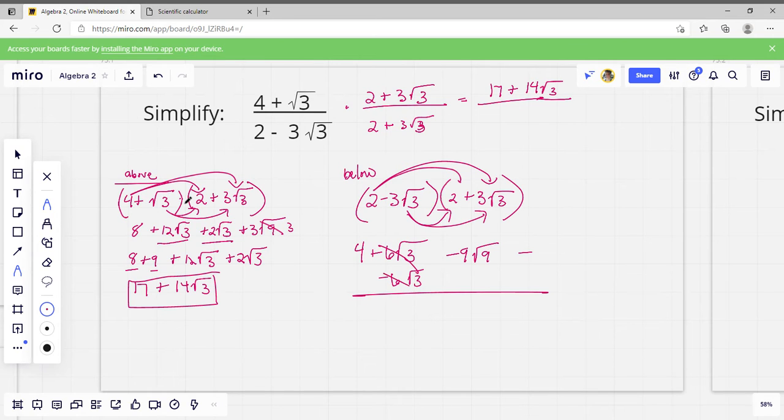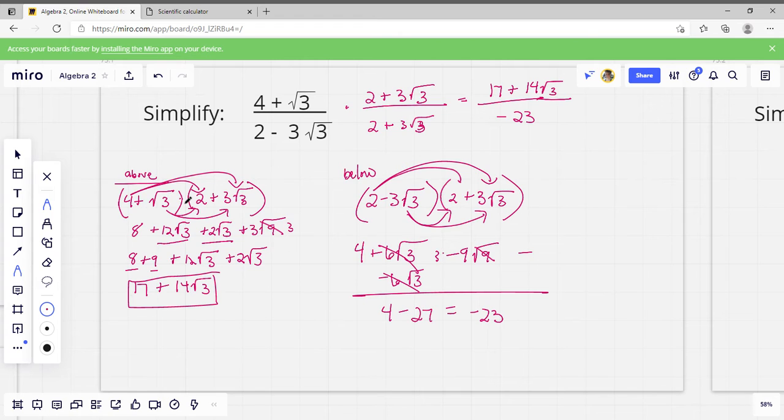These are going to cancel each other, and we're going to have 4. And that square root of 9 is 3. So 3 times 9 would be negative 27. And 4 minus 27 would be negative 23. So that is our new bottom, negative 23.